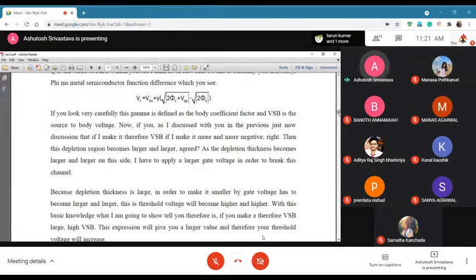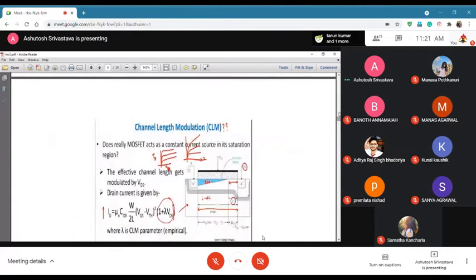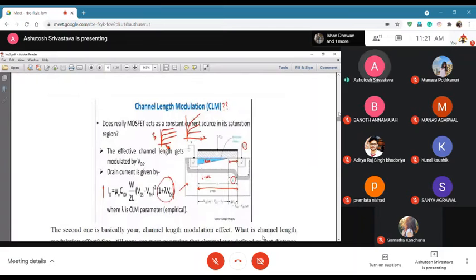So this is the updated version of the threshold voltage that we just defined, and this factor is coming due to the body bias. Now the other concepts, these are the secondary concepts.